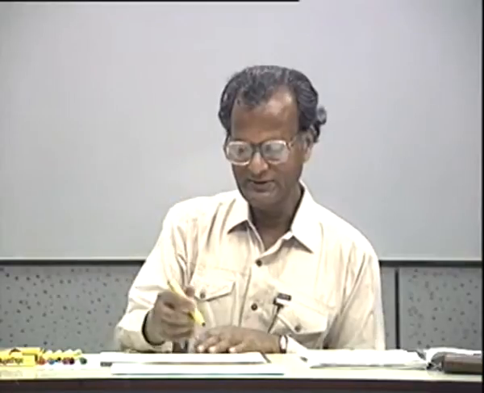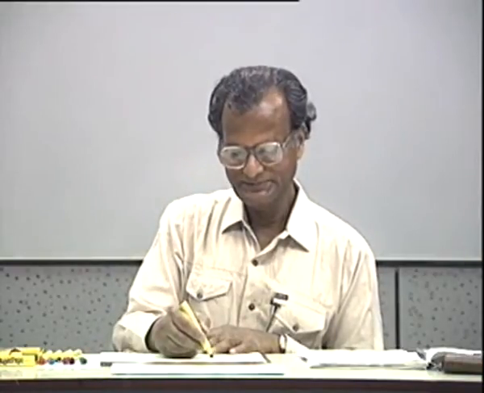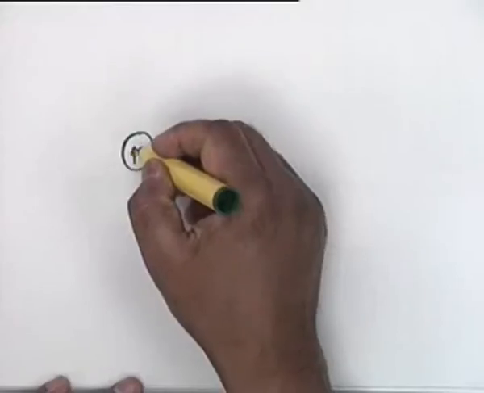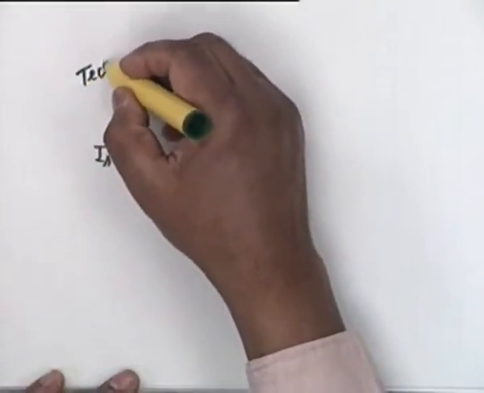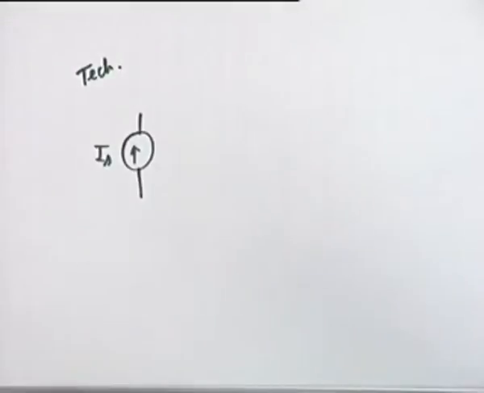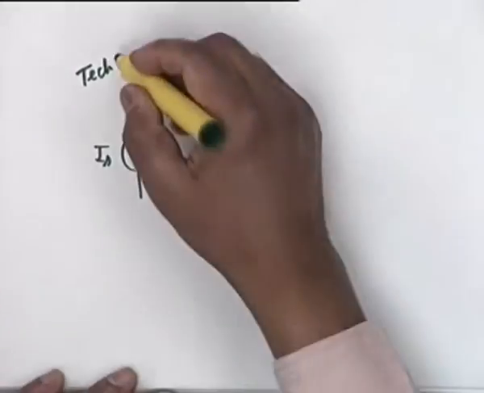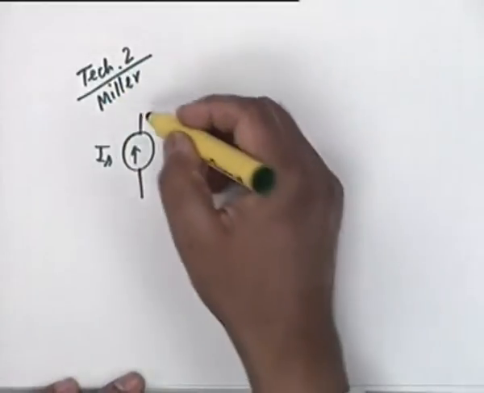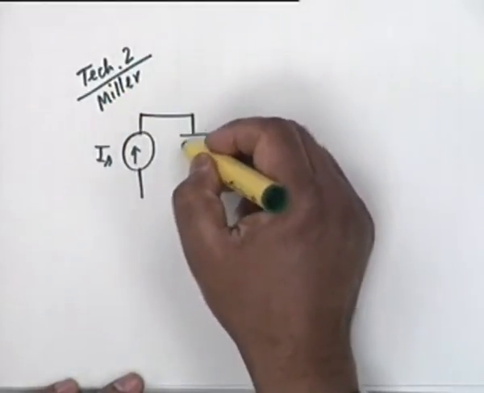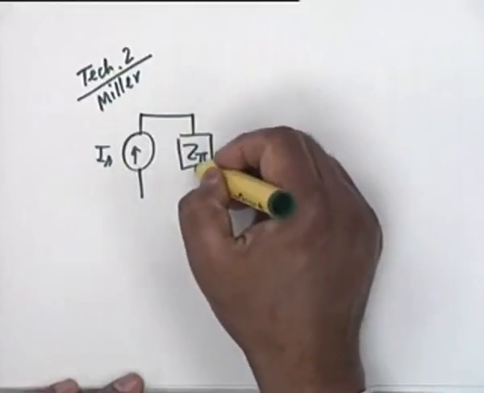One of them, of course, is the application of the Miller technique. Now, if you recall, the equivalent circuit was IS. So technique 1 is the solution of the exact equation. Technique 2 is due to Miller. What we do is Z pi.